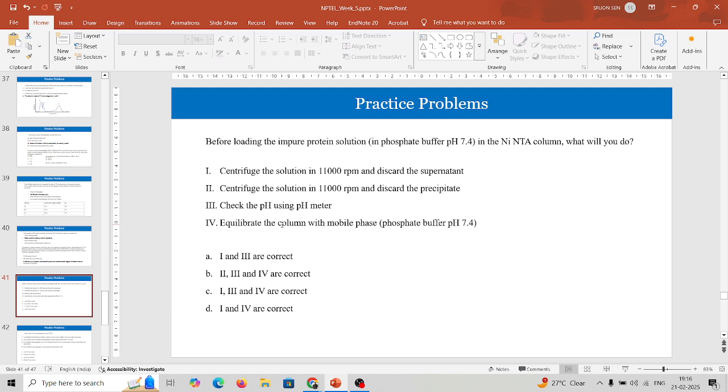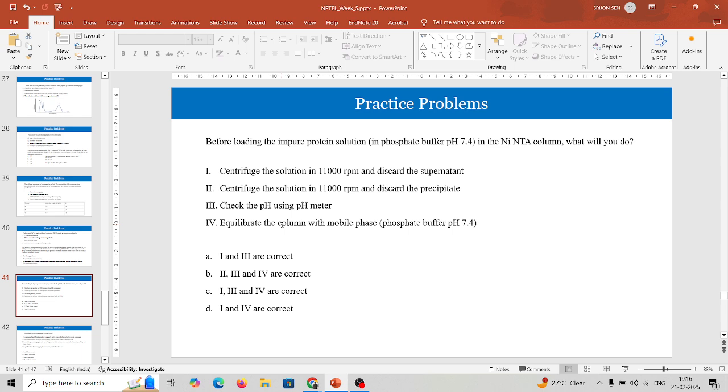Before loading the impure protein solution in phosphate buffer 7.4 onto the nickel NTA column, what will you do? One, centrifuge the solution at 11,000 rpm and discard the supernatant. Two, centrifuge the solution and discard the precipitate. Three, check the pH using a pH meter.